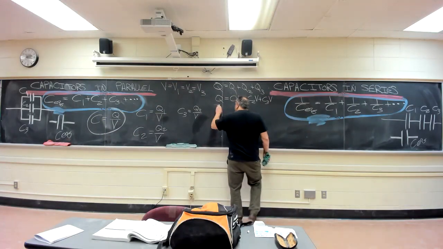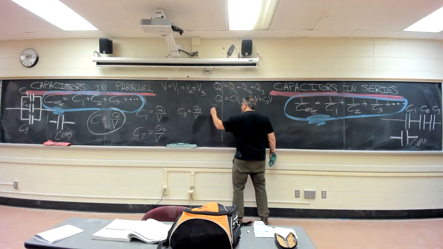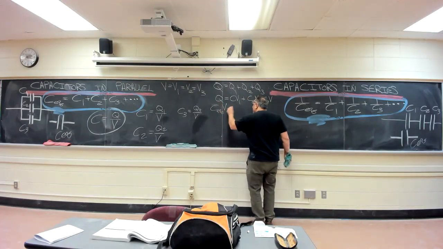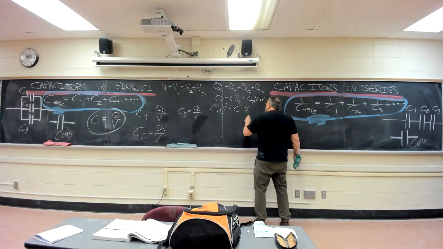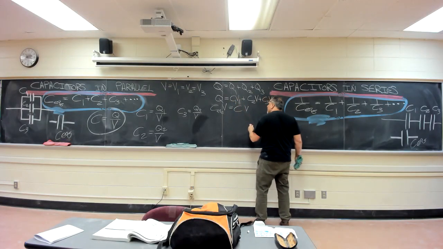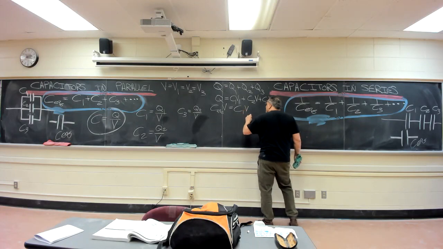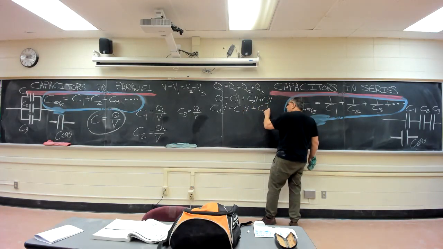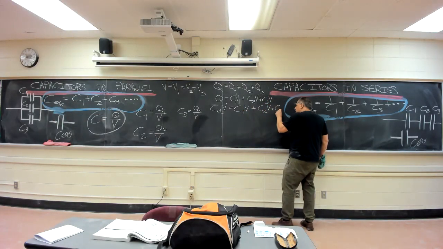So there's an equivalent guy that will have everybody there. C equivalent times V will give me that big guy. That's C1V, C2V, C3V.